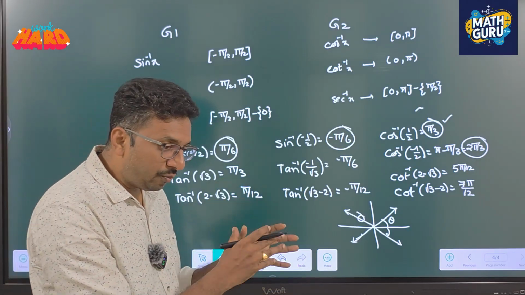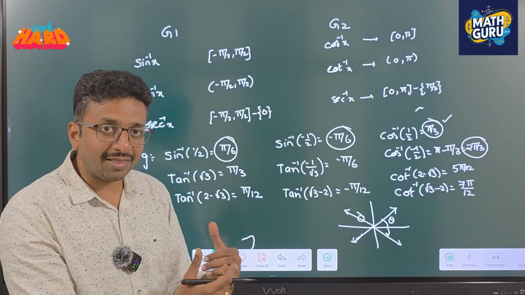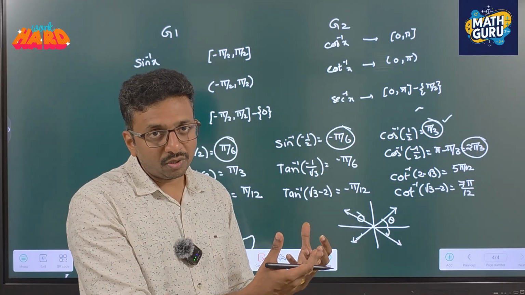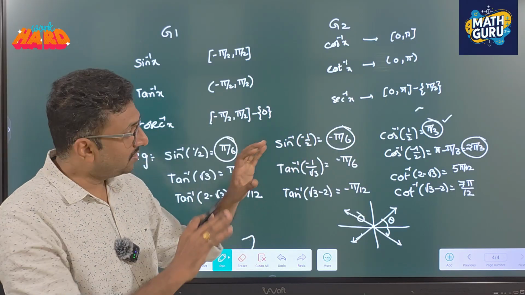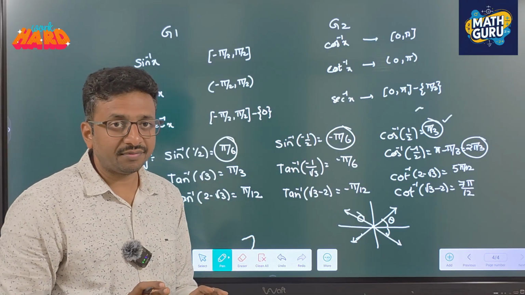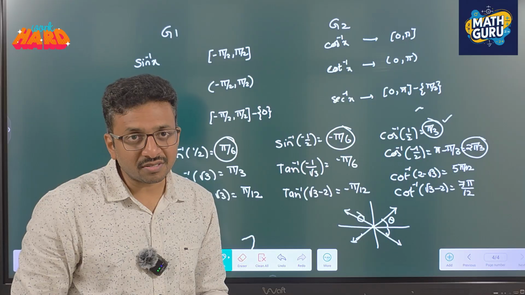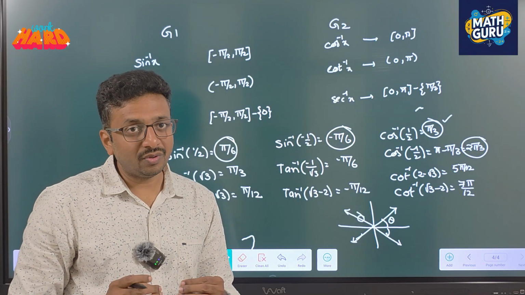So if negative numbers go into group 1, you get an allied value in the fourth quadrant. If negative numbers go inside group 2, you get allied positions in the second quadrant. So this is the basic understanding of the domains and ranges of inverse trigonometric functions. I hope you have enjoyed this topic. So let's go to the next topic.